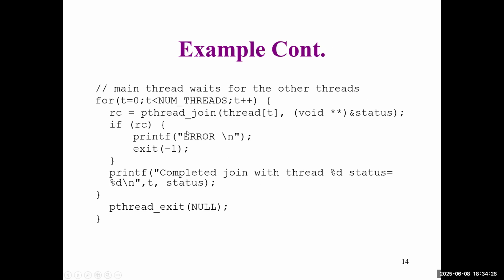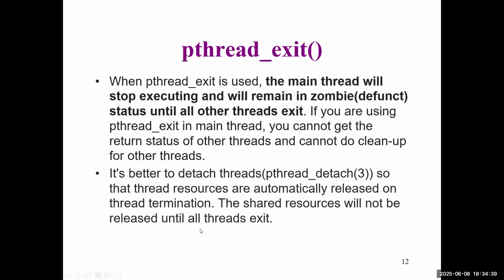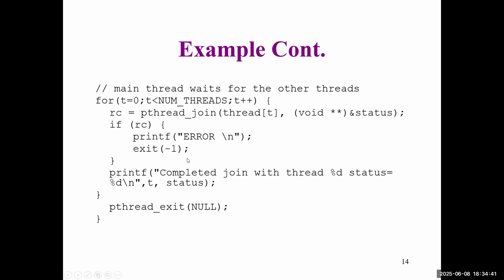So here you see, this is the example continued. If you went back to the example, I created the threads and instead of just doing pthread_exit, now before that line I'm going to do another loop where I wait essentially for each thread.